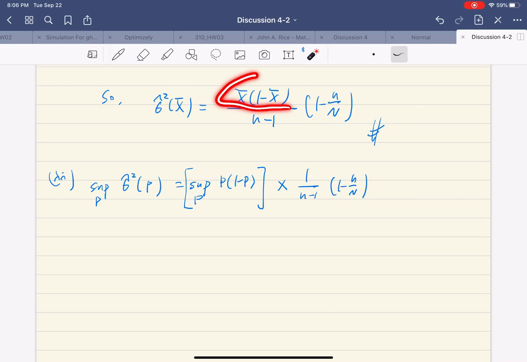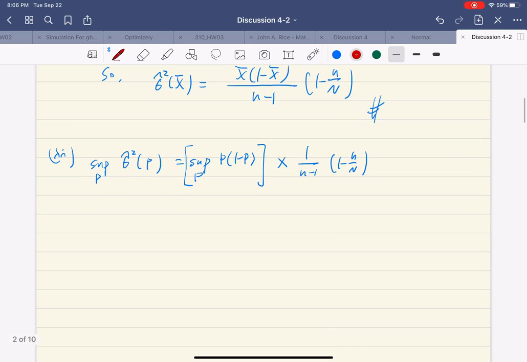So this part is p times 1 minus p, and here is the constant. The constant doesn't influence the optimization, so we only have to calculate this one.